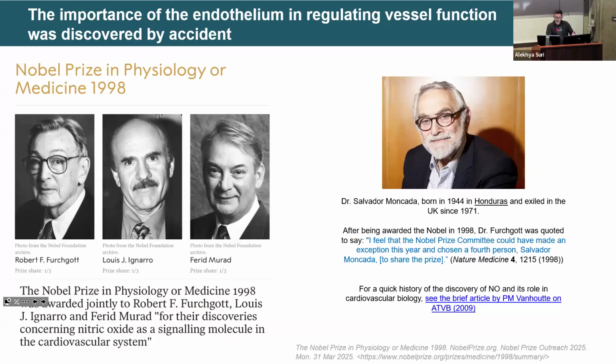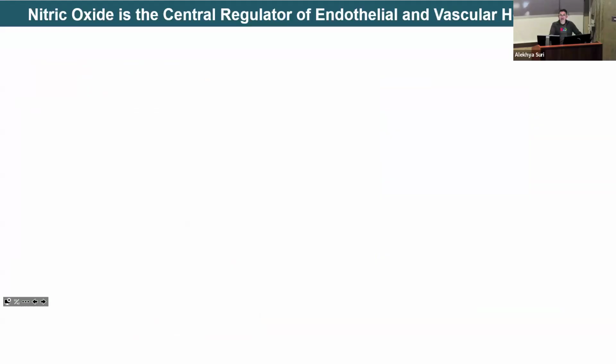But again, as a Hispanic person myself, I would like to highlight these parts of history. And this is not to mention the multitude of people who worked with them that were people of color, right? There have been people of color in science since the beginning of modern science, and it's important to highlight what those contributions are. Anyway, I digress. We're going to talk about nitric oxide now.